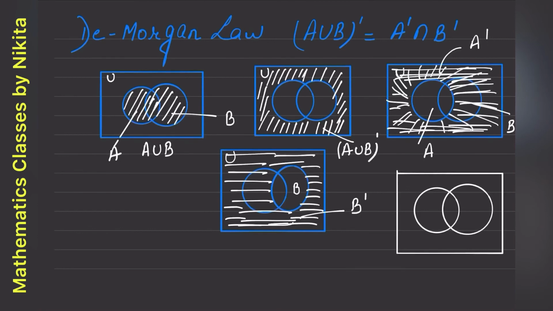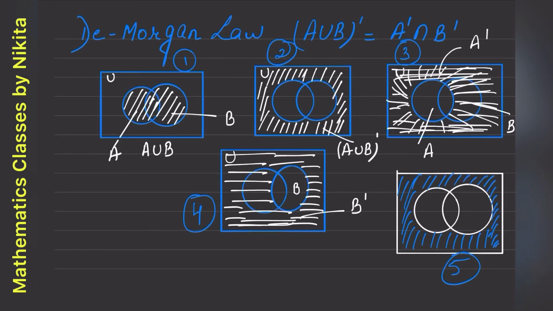This is your first figure, this is your second figure, this is your third figure, this is your fourth figure, and suppose this is my fifth figure. If I take the common elements of the third and fourth, the common elements would be these things, so this shaded region are the common elements.